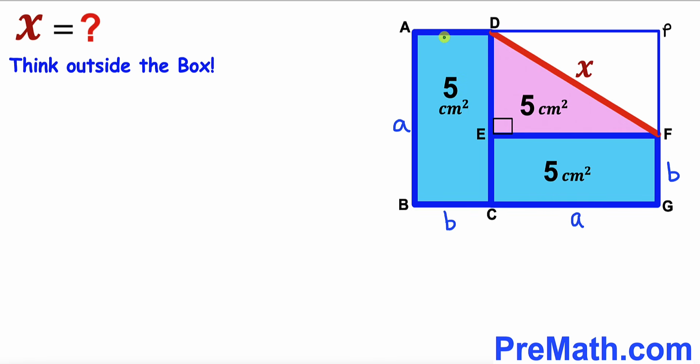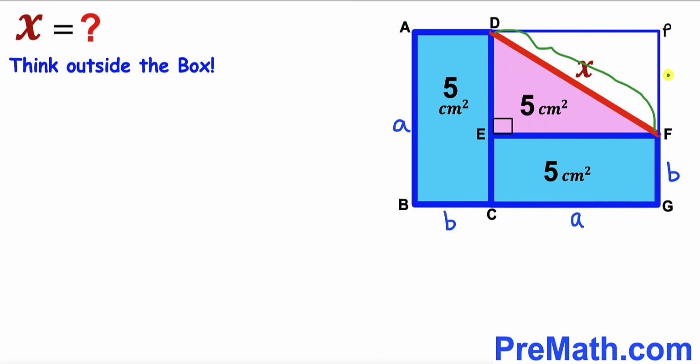As a result, we end up with this big rectangle ABGP. Likewise, we end up with another rectangle DEFP as well, such that DF is the diagonal for this smaller rectangle.